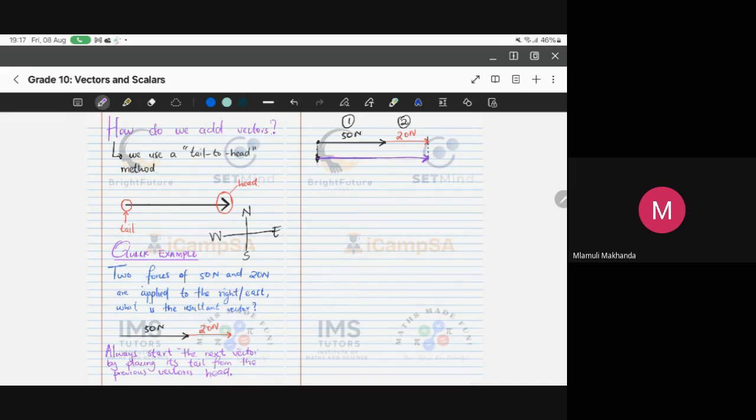That's your resultant vector. Now, how do you find its magnitude? Since these two arrows are going in the same direction, you simply add them up. So 50 plus 20, you get 70 newtons. Now this right here is your resultant vector. We'll make another example, don't worry. So, quick notes.